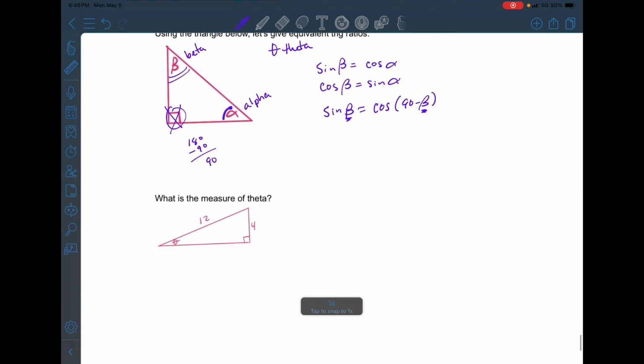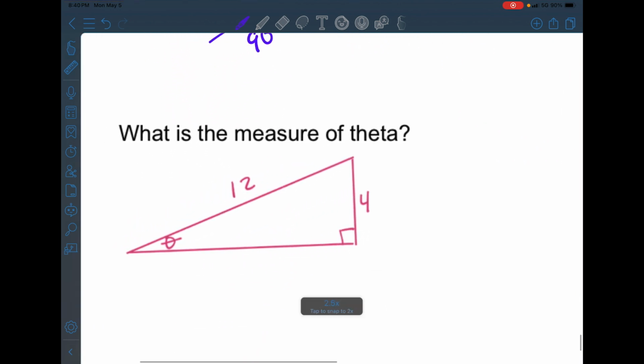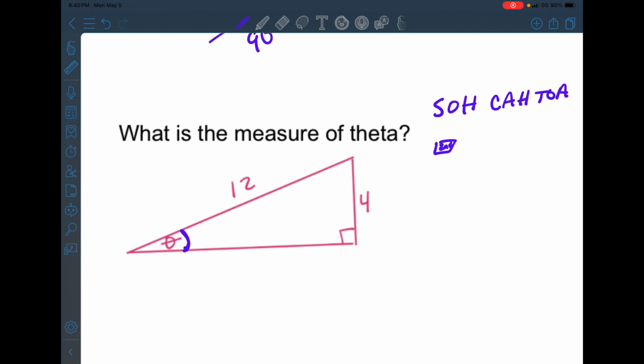It says, what is the measure of theta? So remember, when we're looking for an angle, we're going to use our second button on our calculator. Also, something you may want to write on your paper is this. This means the sine equals opposite over hypotenuse.